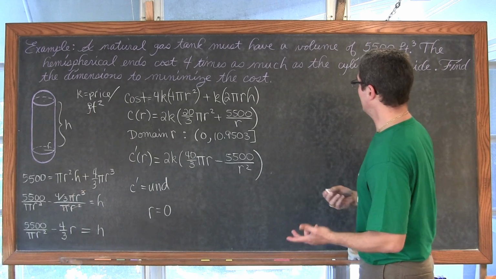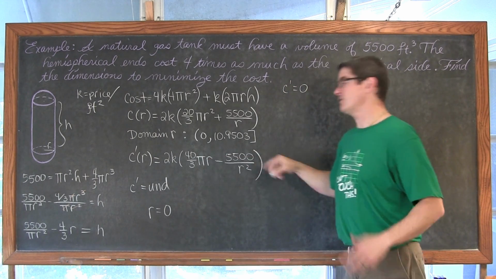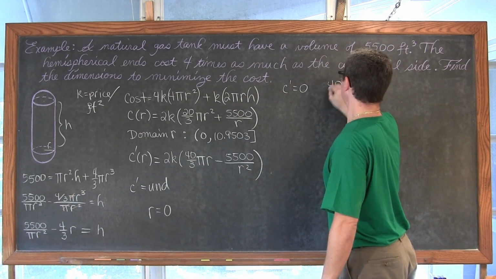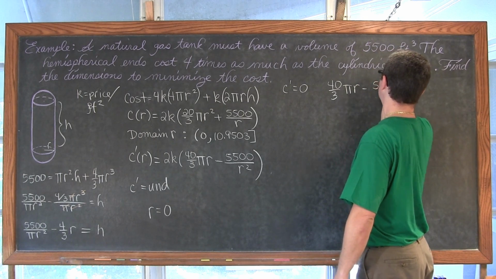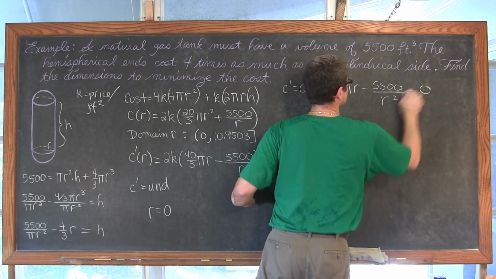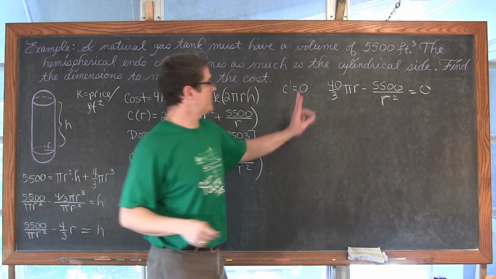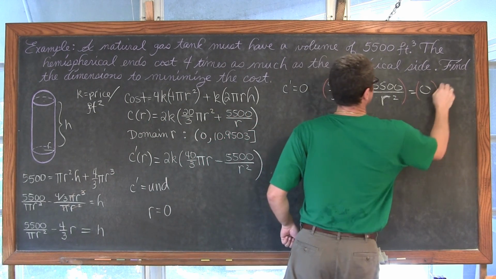Where is it equal to 0? Well, our first derivative is equal to 0 where I take this function and set it equal to 0. We have 40 over 3 pi r minus 5,500 over r squared equal to 0. We can multiply both sides by r squared to get it out of the denominator.